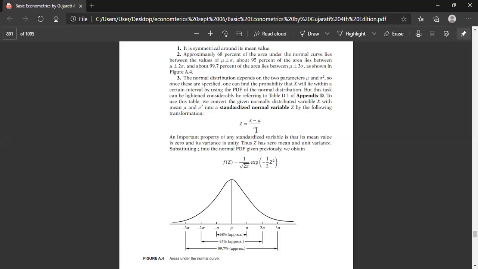This mu and sigma are the mean and standard deviation of the x variable. So if x is a normal distribution, you subtract the mean from each of the x values and divide the deviation by the standard deviation of x.